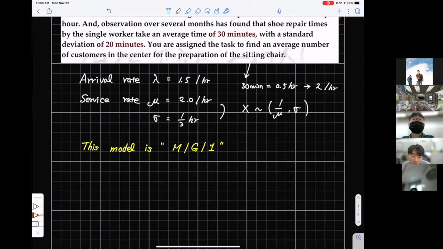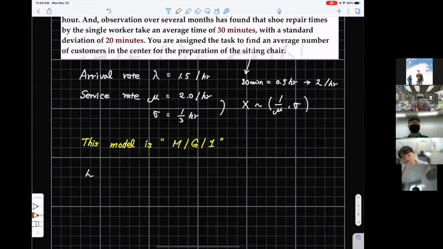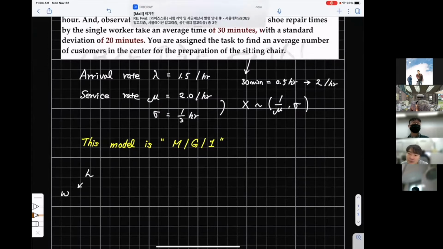So we have to find the length of the waiting customers, and that is denoted as L, or this can be written as WIP.